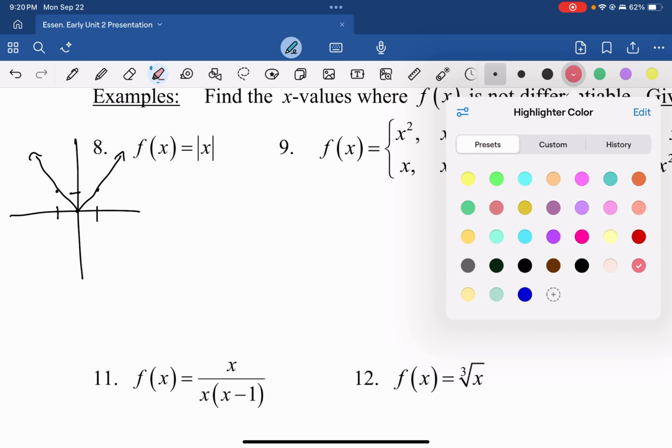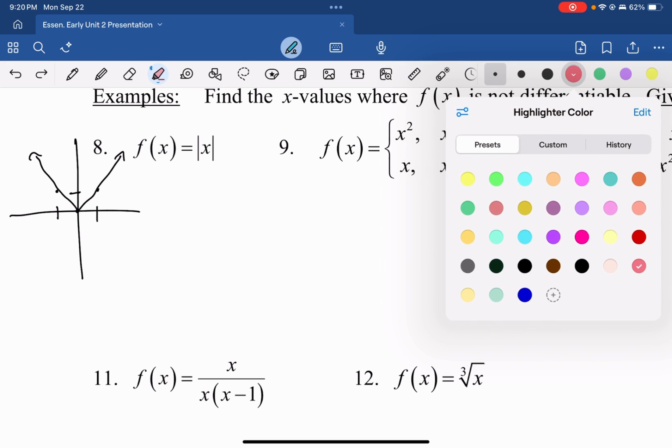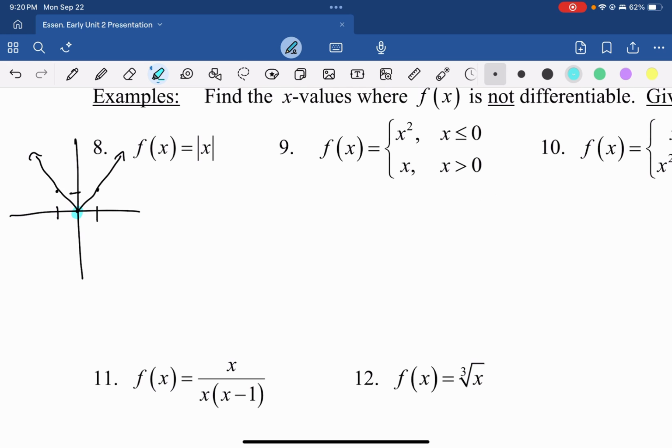Right here at x equals 0, we have a sharp turn. So x equals 0, and our reason is a sharp turn, because it's that pointy shape. It doesn't smoothly go; it hits 0 and then turns.